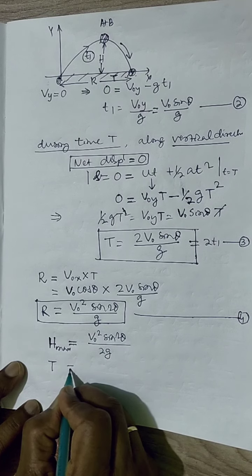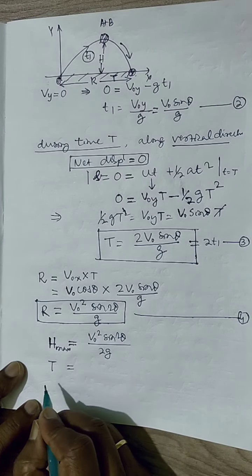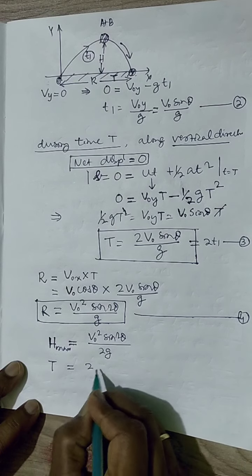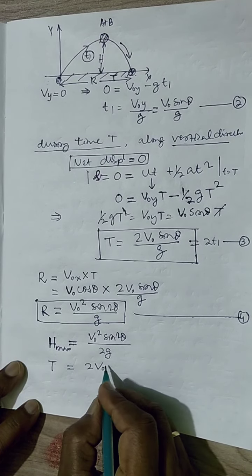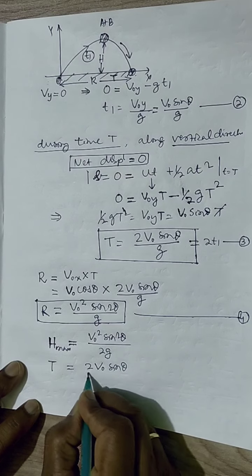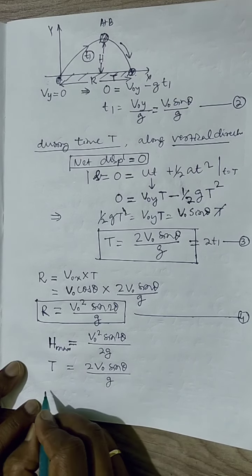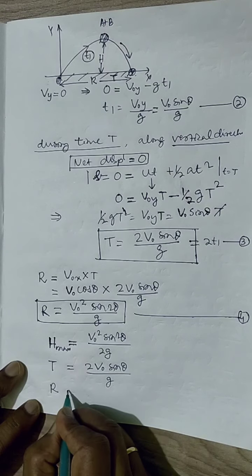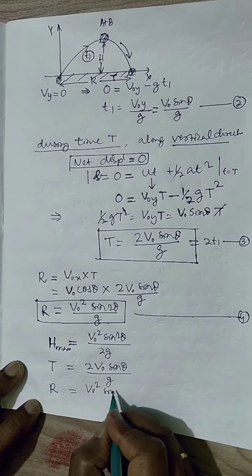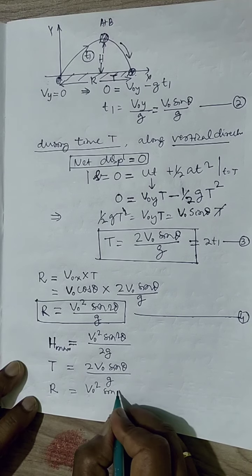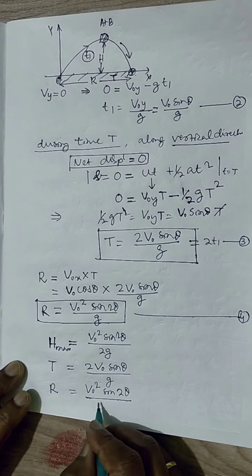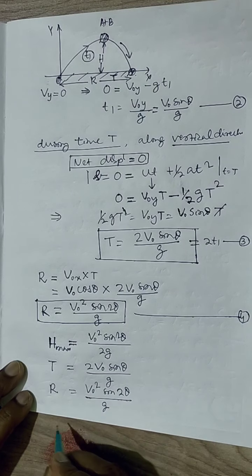The time period of this projectile motion is 2 v0 sin theta by g, and the range is v0 square sin 2 theta by g.